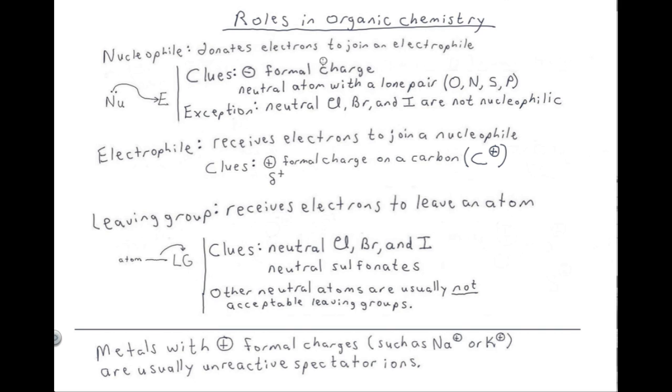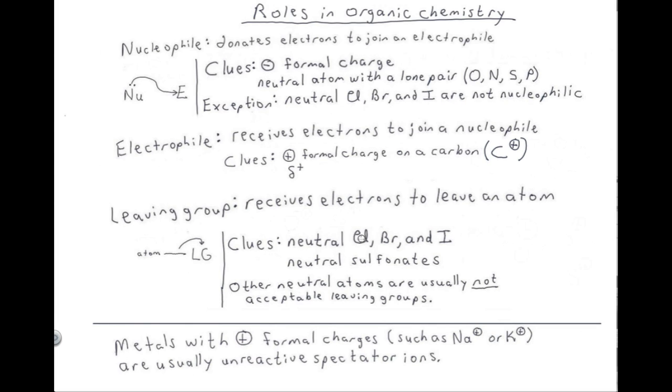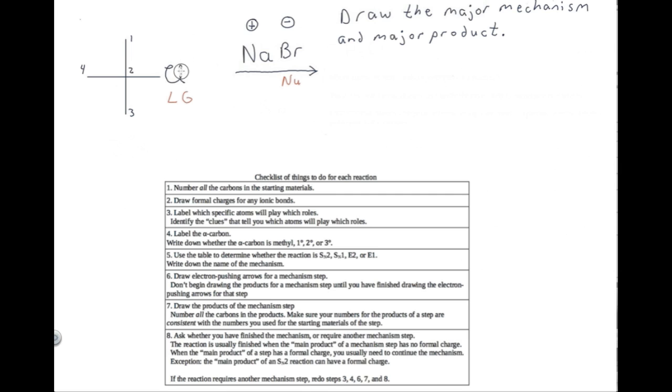We learned that a neutral chlorine is a good leaving group. And we learned that a metal with a positive formal charge, such as sodium plus, is an unreactive spectator.